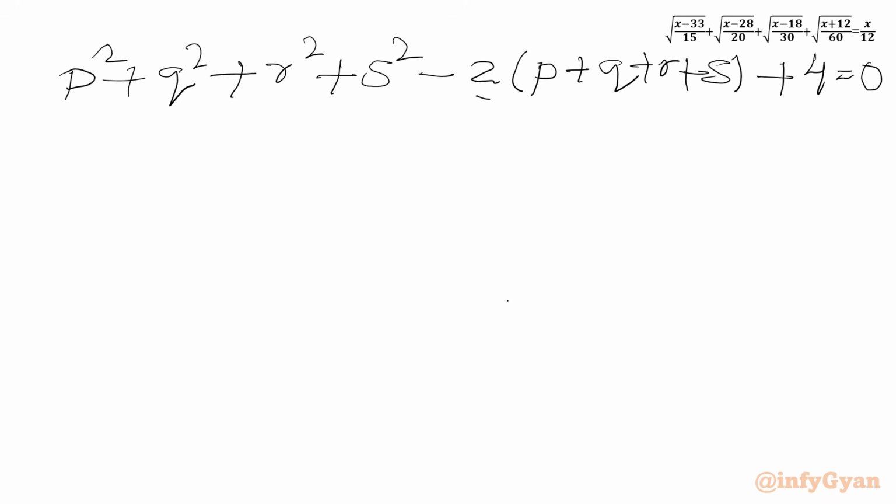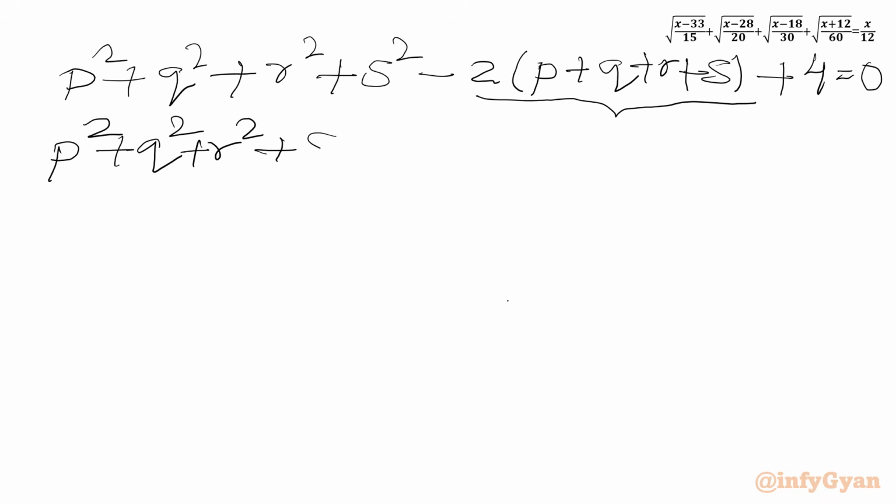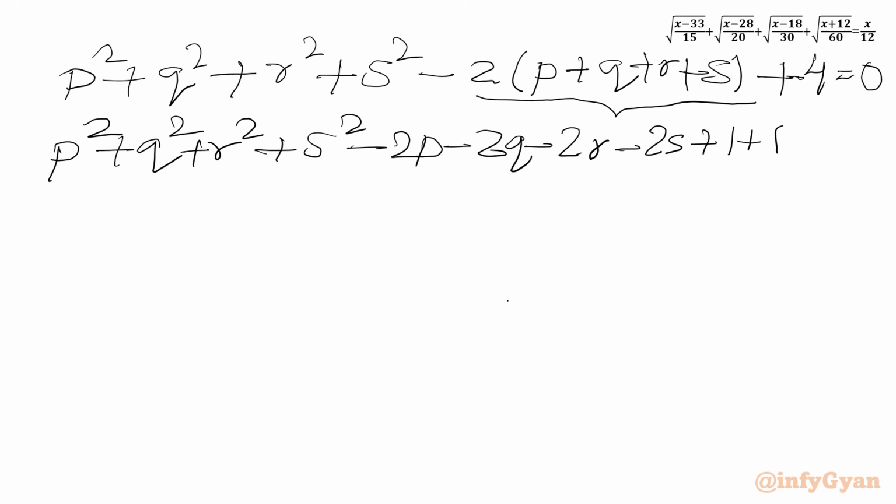Now we have to expand here, and we will write p square plus q square plus r square plus s square minus 2p minus 2q minus 2r minus 2s. Then we have plus 4, which we will split as 1 plus 1 plus 1 plus 1.